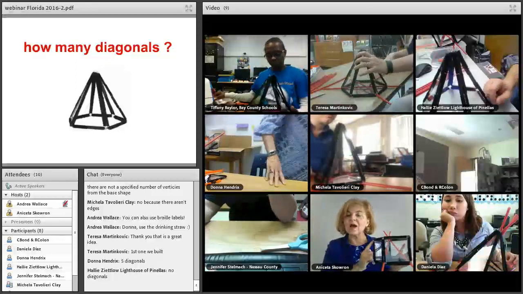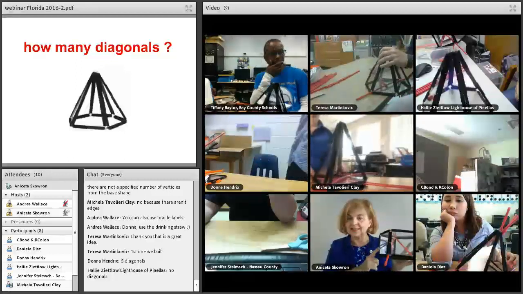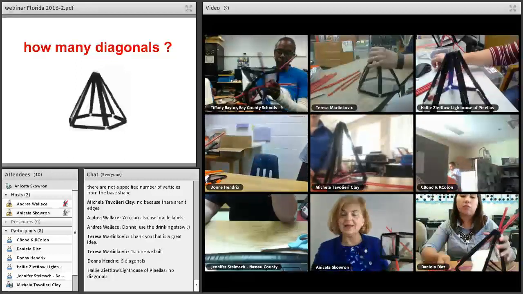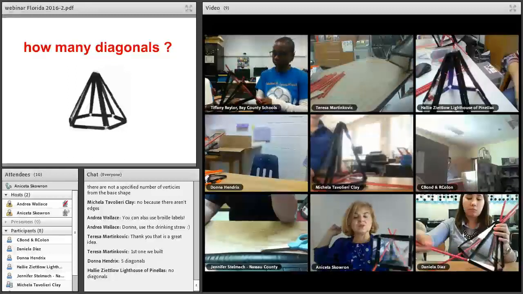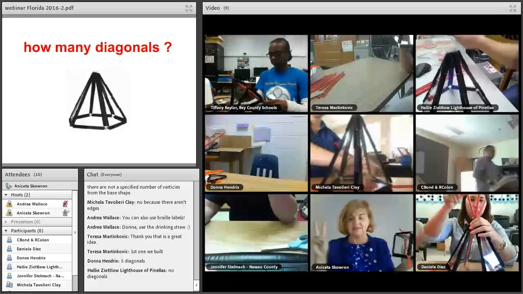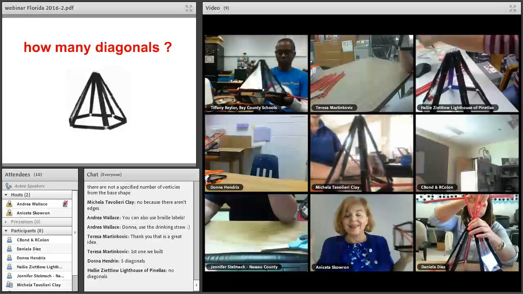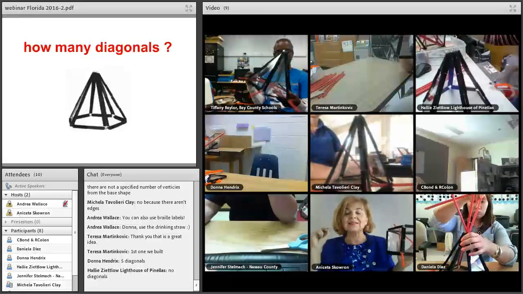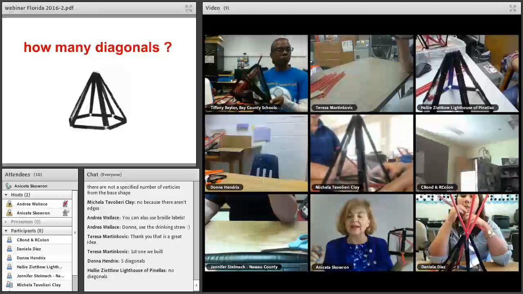Okay? So now look at these ones that you made and see if you made diagonals. Diagonal is something that goes through the solid and then joins just two vertices. That's it. Two vertices, any two vertices. But it cannot be on the edge, it cannot be on the face.